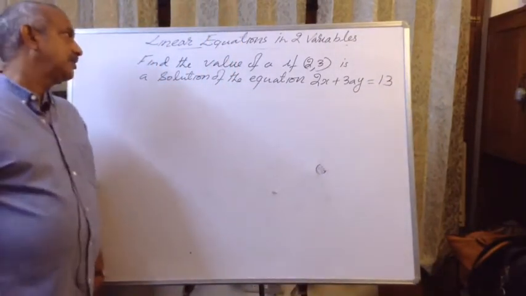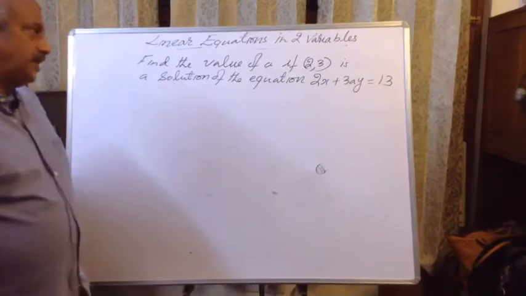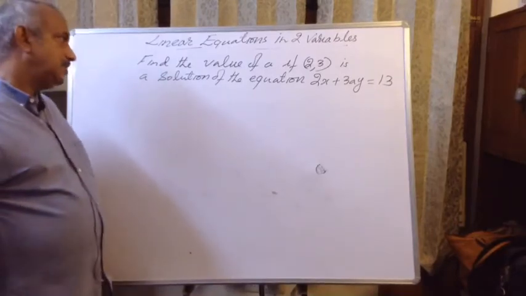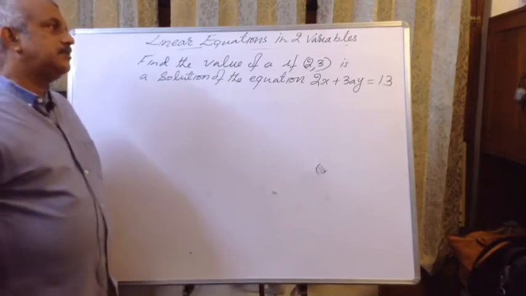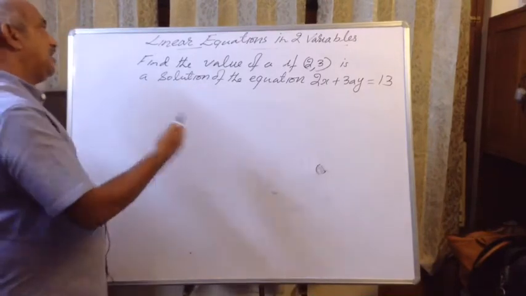See the question once again. Find the value of a if 2, 3 is a solution of the equation 2x plus 3ay is equal to 13. Now the question can be like this also.